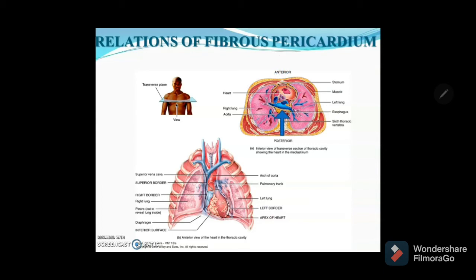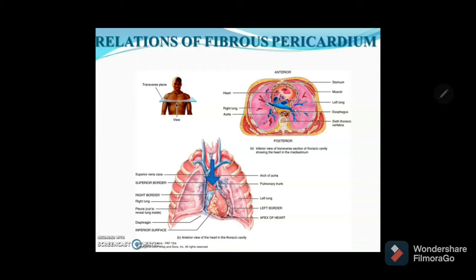Posteriorly it is related to the anterior boundary of the posterior mediastinum with the esophagus, bifurcation of trachea, and the pulmonary vessels, and on the left side it is related to the pulmonary surface of the left lung, and on the right side the pulmonary surface of the right lung. Below it is related to the central tendon of the diaphragm.